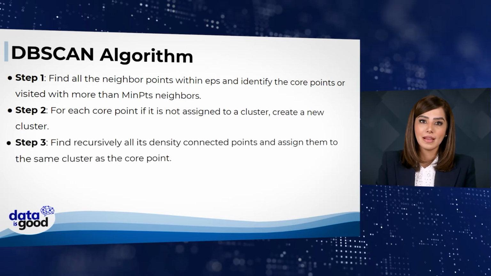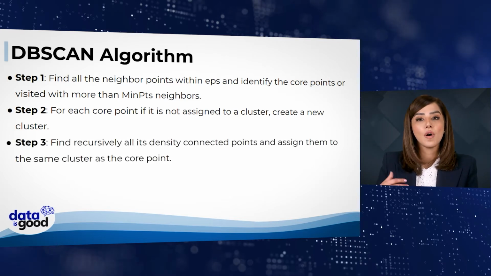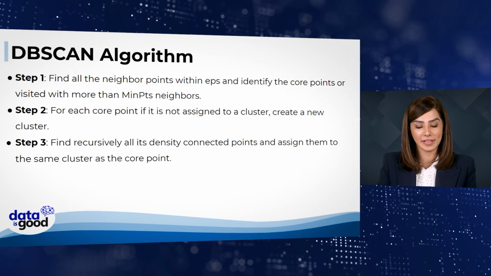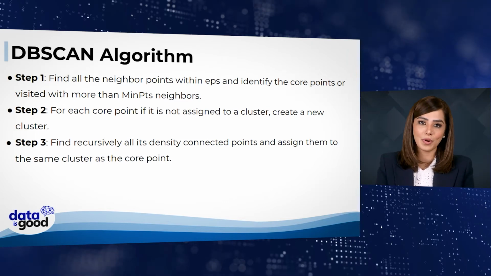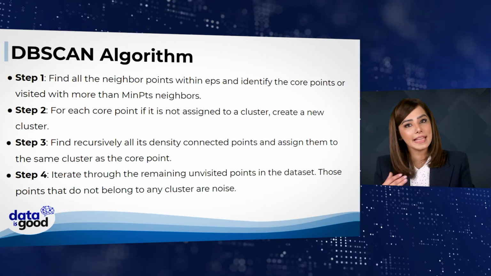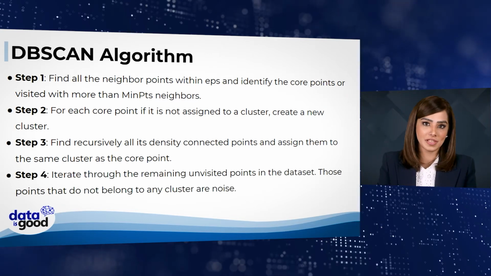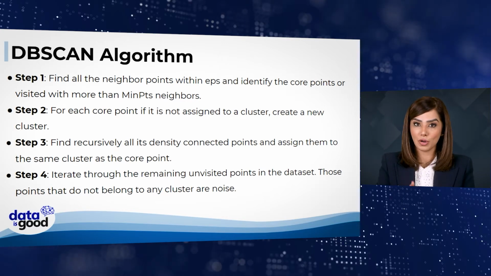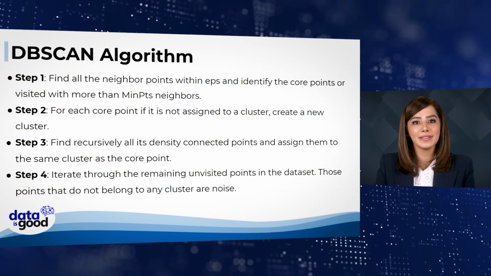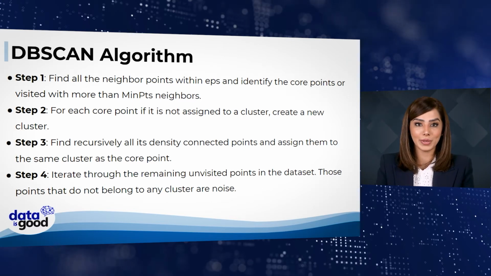Step 3. Find recursively all its density connected points and assign them to the same cluster as the core point. Step 4. Iterate through the remaining unvisited points in the data set. Those points that do not belong to any cluster are noise. So I hope you enjoyed learning about the DBSCAN clustering algorithm.